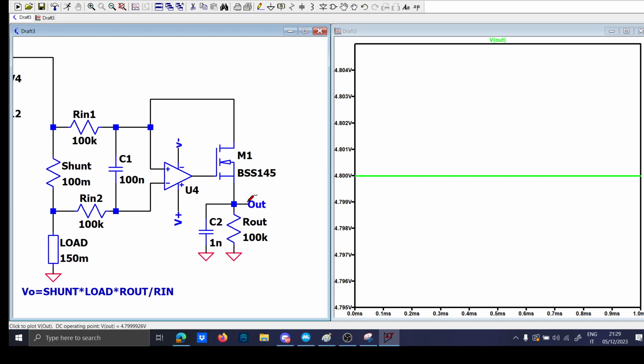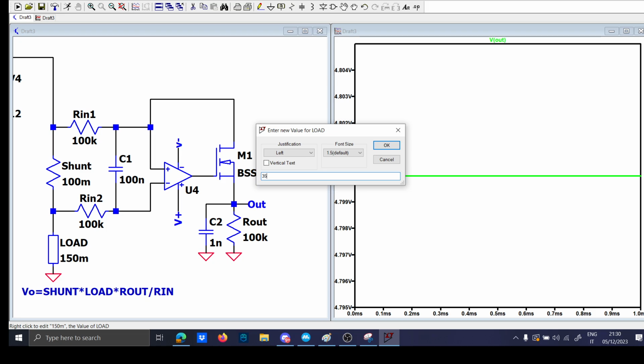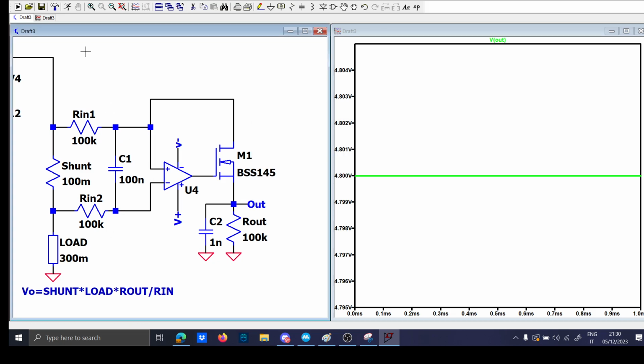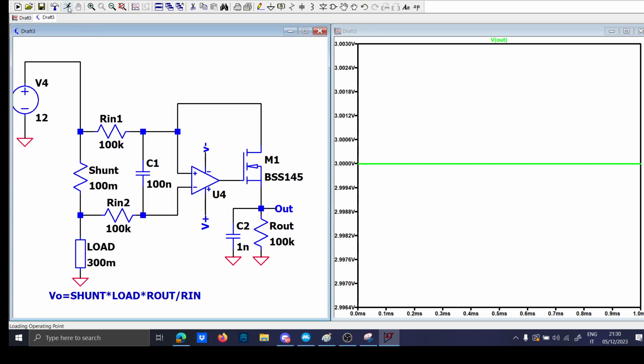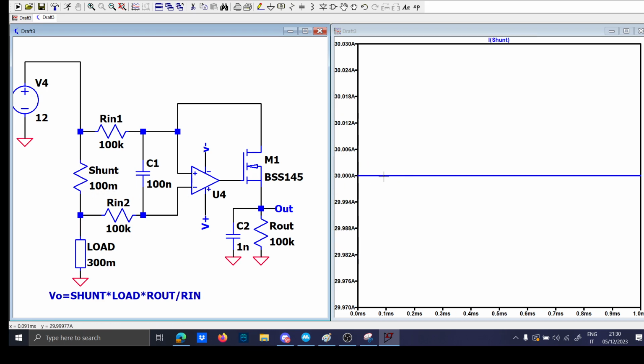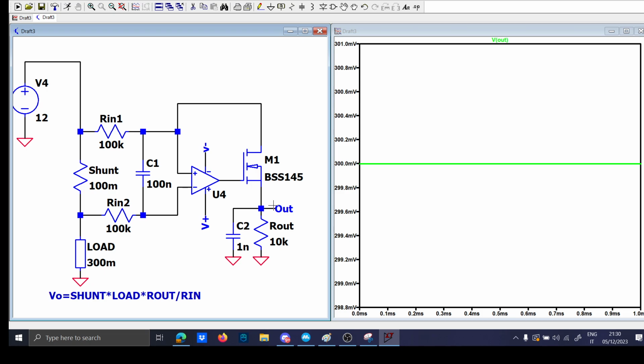So now if I increase the load, I have 3 volts, and here you have 30 amps. If I lower the output resistor, I have 300 millivolts.